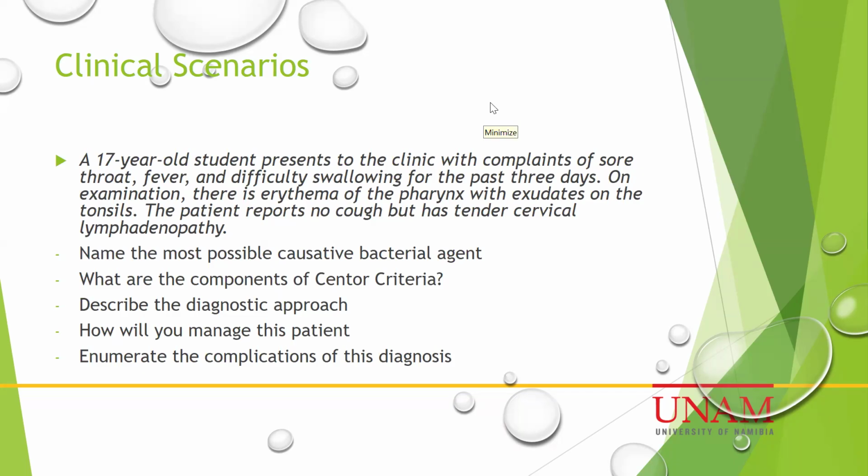Pharyngitis, okay. So what is your... I think Streptococcus pneumoniae infection. Streptococcus pneumoniae or Streptococcus pyogenes? Which one? Choose one. Pyogenes. Okay. So have you heard about the Centor criteria for diagnosis of pharyngitis?